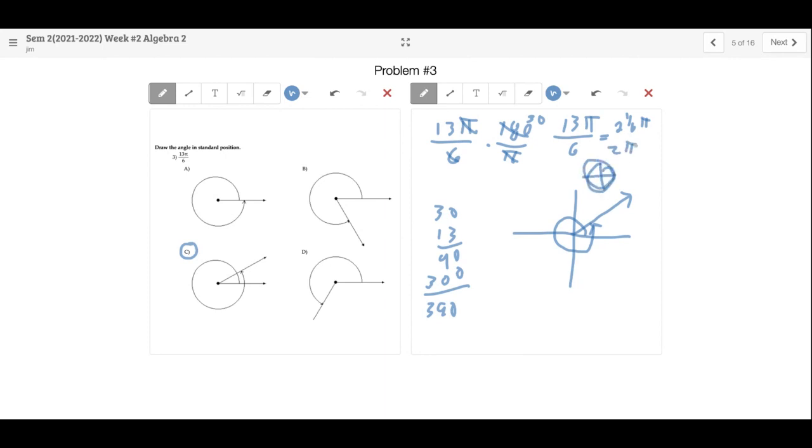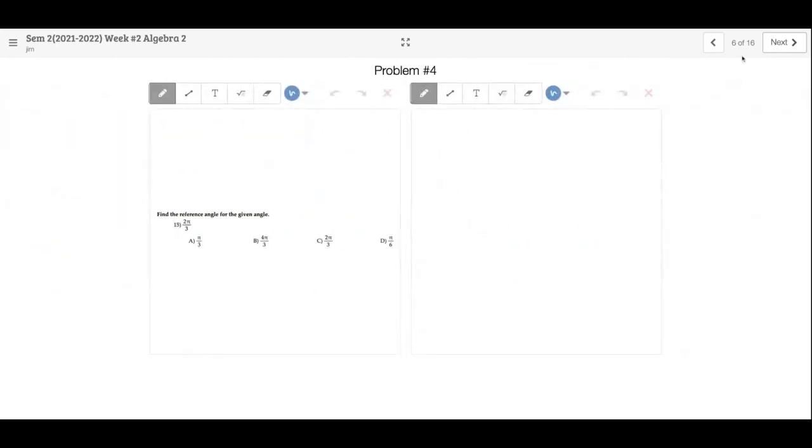So I know I'd have to go all the way around the circle plus 1/6. So I probably could have gotten that without having to do that, but I think it's much easier to just change it to a degree measure. Okay, that's just the way I would do it, but you can do it any way you want. I'm just telling you how I look at these problems.